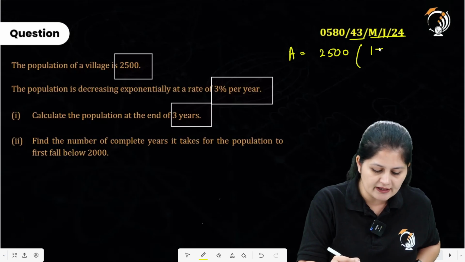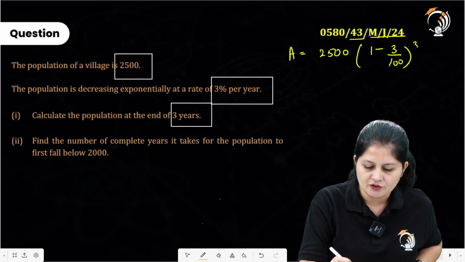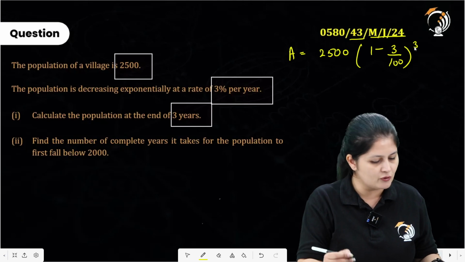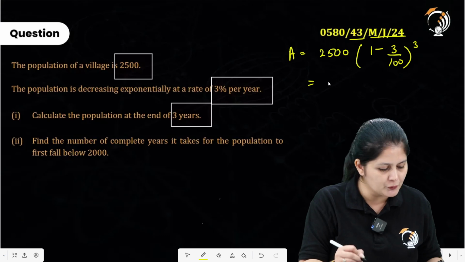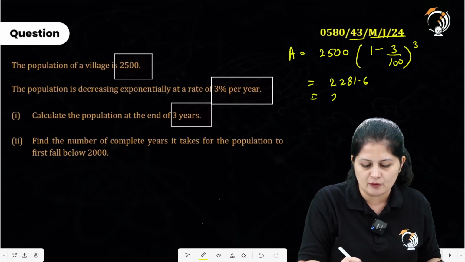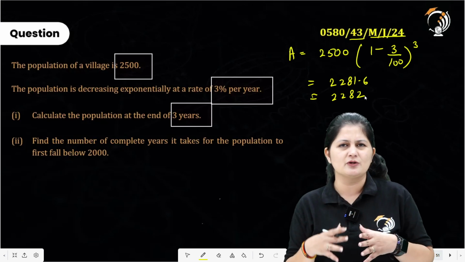So we will be taking it as minus 3 over 100 and raised to the power 3. So let's do the calculation. What are we getting here? So it is 97 over 100 cubed, which is coming out as 2281.6, which is approximately equal to 2282. Okay, so you can get it as 2280.8182.